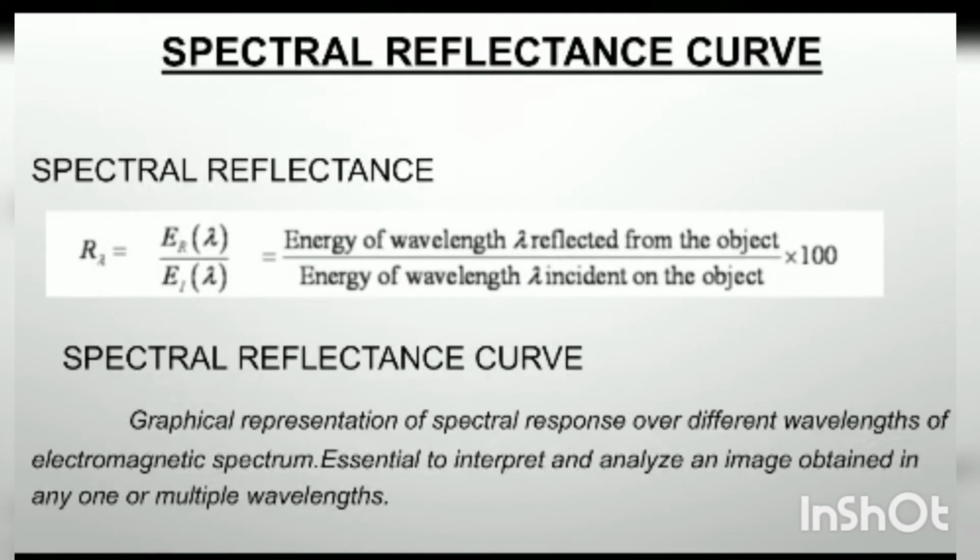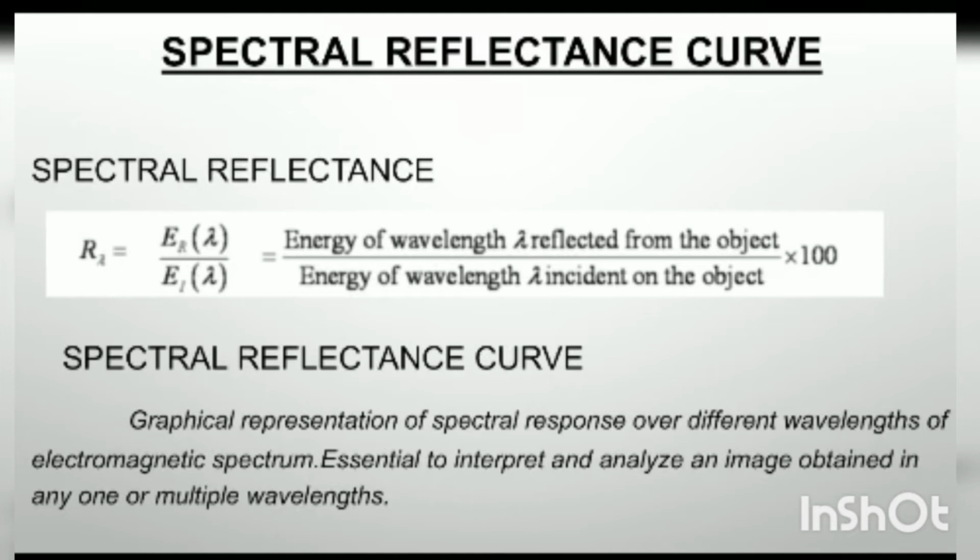Spectral reflectance curve: the graphical representation of spectral response over different wavelengths of the electromagnetic spectrum. It is essential to interpret and analyze an image obtained in any one or multiple wavelengths. The spectral reflectance curve is also known as the spectral reflectance signature, which is a unique property of an object.